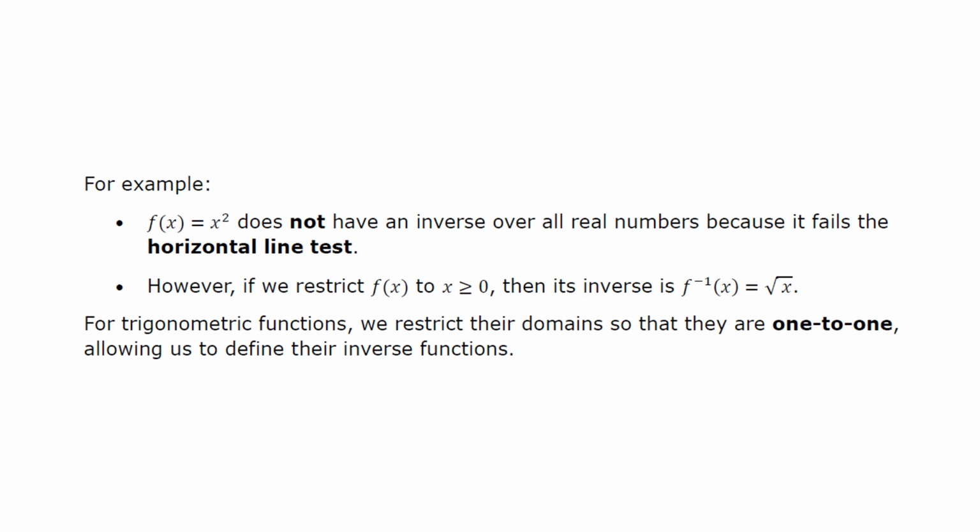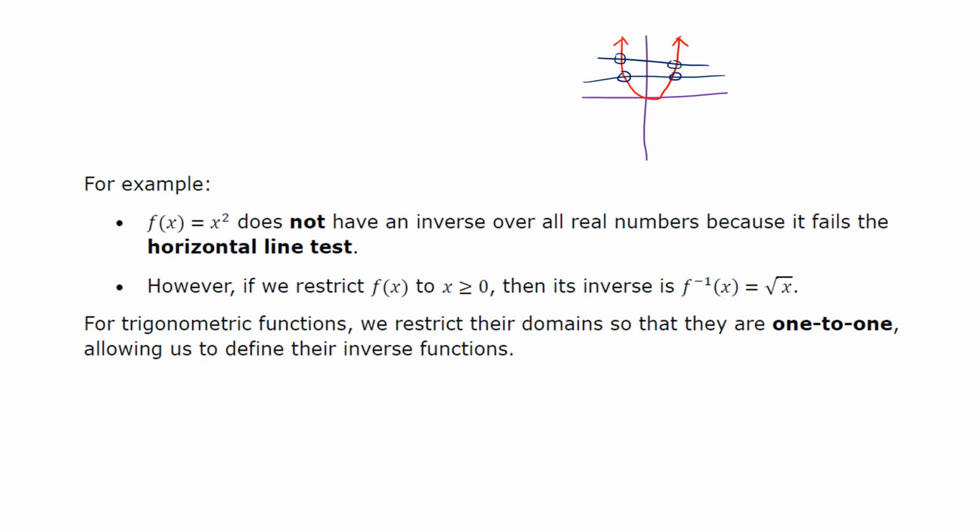Okay, so just to help us visually, this is the graph of x squared. If I were to draw horizontal lines, you would see that both horizontal lines touch the graph more than one time, so it fails the horizontal line test.